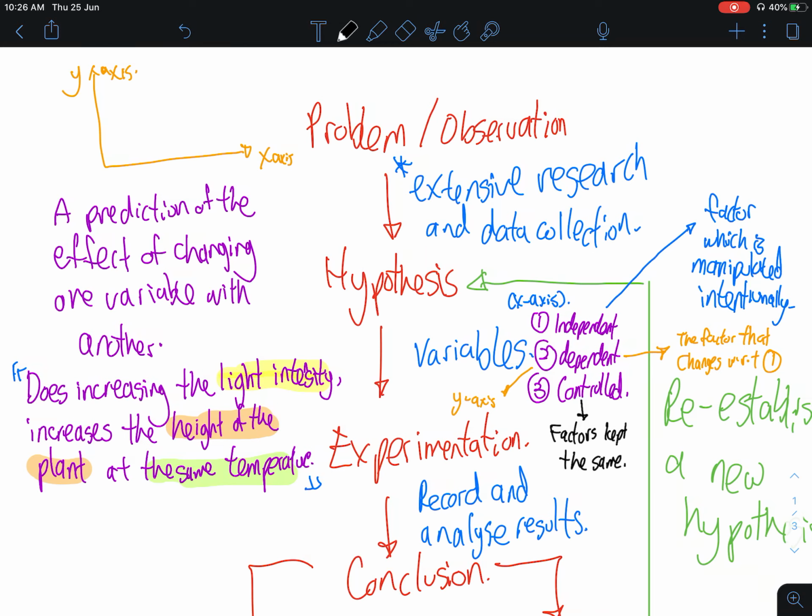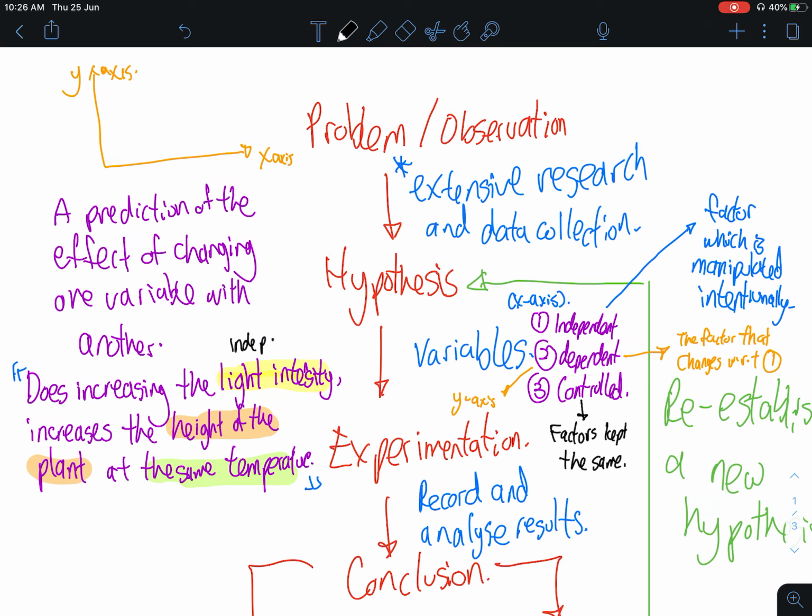So in this particular hypothesis, you can pause the video now to try to guess, is light intensity independent, dependent, or controlled variable? Is the height the controlled, dependent, or independent variable? And likewise about temperature. Okay, I guess you all would have already found out the answer. So let's look at the answer. So for light intensity, this is actually the independent variable, as this is the one that you can control.